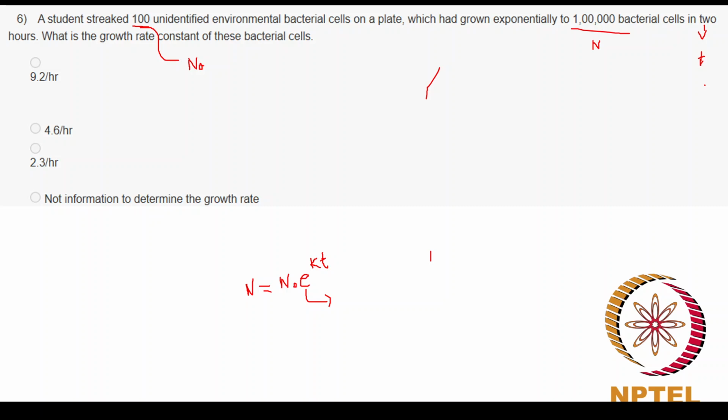Okay. So shall we check? The answer is coming as 4.6 per hour. But I know you might not be getting this answer because when we put all these values, here we are putting 1 lakh divided by N naught, that is 100, is equal to e raised to power kt.